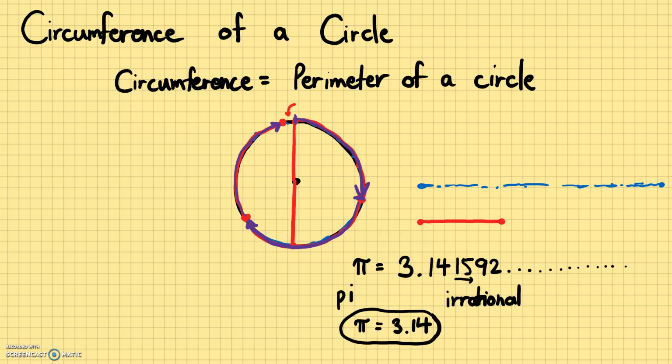So when you wrap the diameter around the circle like this, there's always this portion. Let me mark that in green. This portion in green is 0.14 of the diameter.